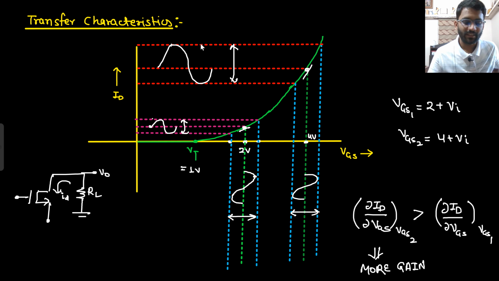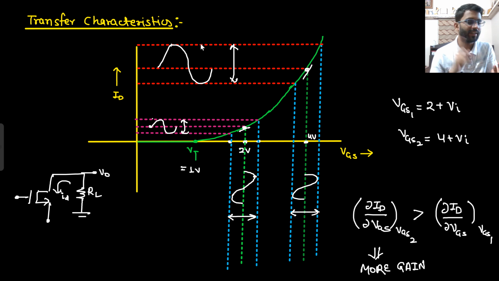The second thing we will study later on. When we study the amplifier, we will see that while operating the MOSFET as an amplifier, we have to bias the MOSFET in the saturation region, not in the linear region.